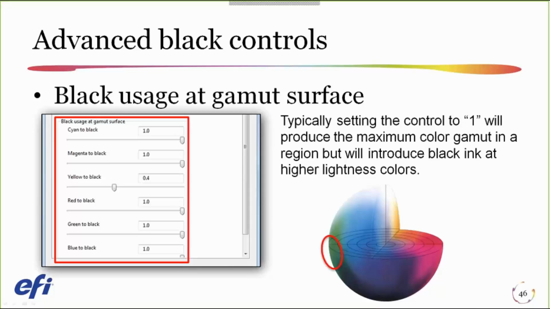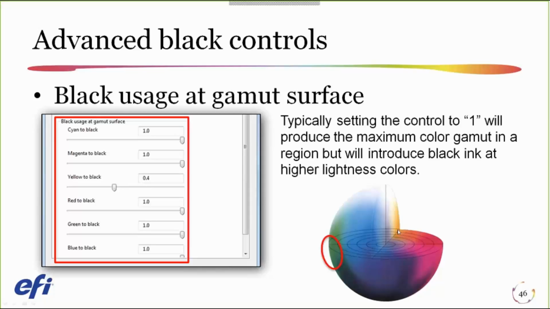Okay? If I bring it down, I will start using more cyan, magenta, and yellow ink in those areas to try to keep those tones. If I bring them down too far, I could actually lose gamut in these areas, so that's the danger. We often are starting with a decreased amount of yellow and black back in this area.